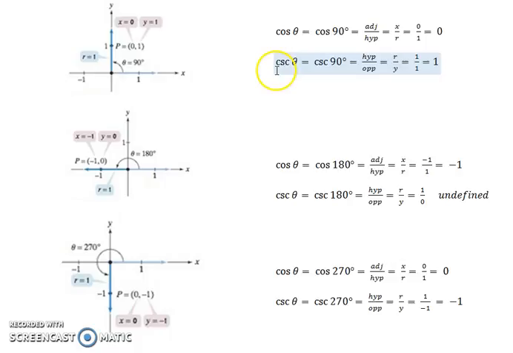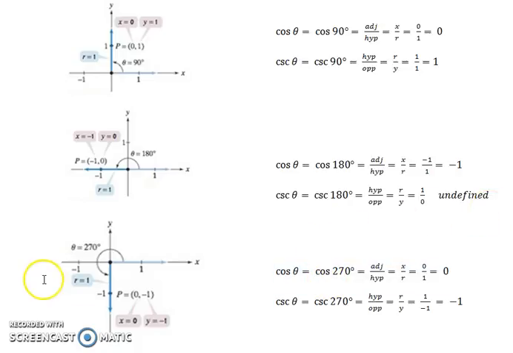Okay, so all you have to do is know that point and the radius. And you can always set these up. So for 180, our point is negative 1, 0, which means x is negative 1, y is 0, r is still 1. So x over r would be negative 1 over 1, or negative 1. R over y, the reciprocal of the sine, would be 1 over 0, which is undefined.